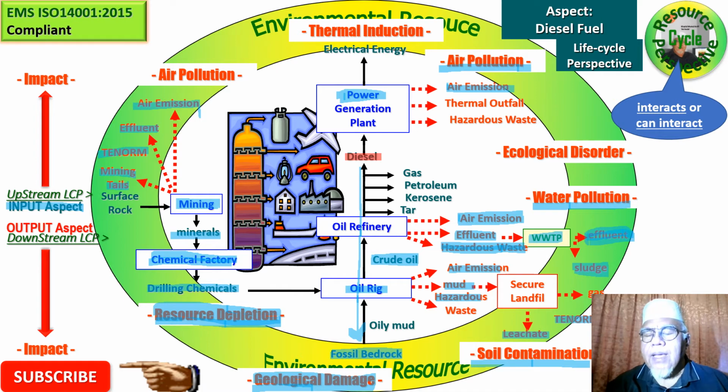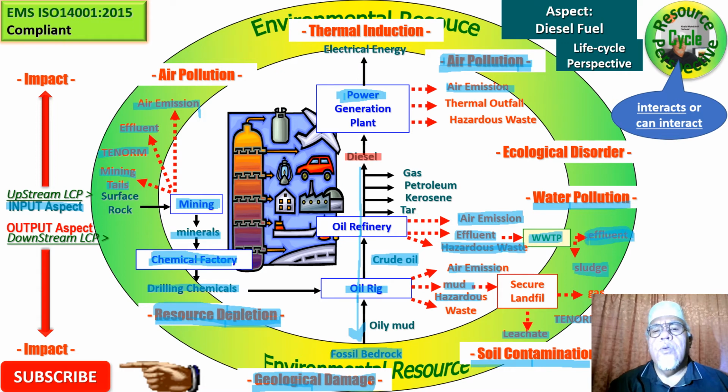As air emission, it could be carbon dioxide, sulfur oxides, nitrogen oxides, and unburnt hydrocarbon perhaps, or soot, or fumes, or smoke, or any form of volatile organic carbon causing air pollution. So the downstream now of diesel is air pollution, the impact.